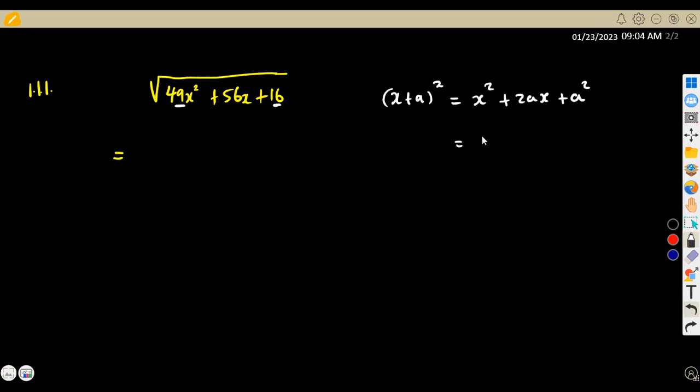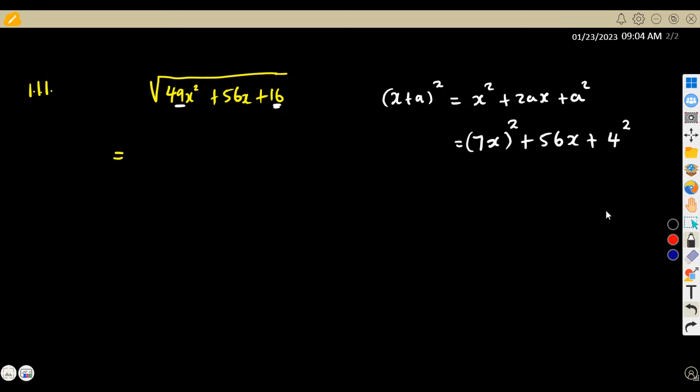The square root of 49 is 7, and the square root of x squared is x. So it can be written as 7x squared plus 56x plus 16, where 16 is the same as 4 squared. This is a special type of quadratic expression that you need to know, or you can just factorize the normal way and still find the same answer, but this is the best way that you can do.